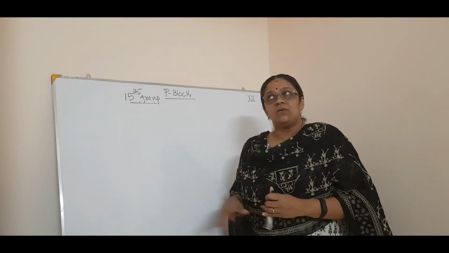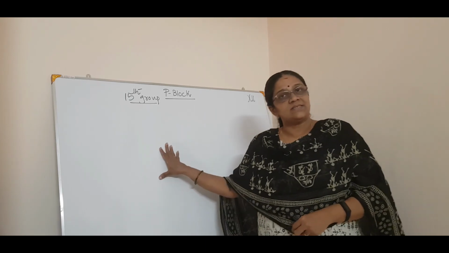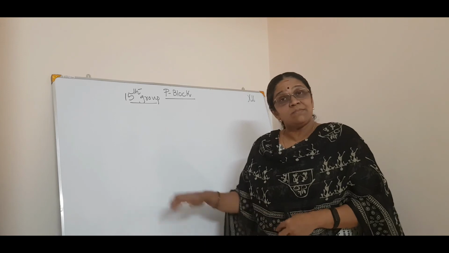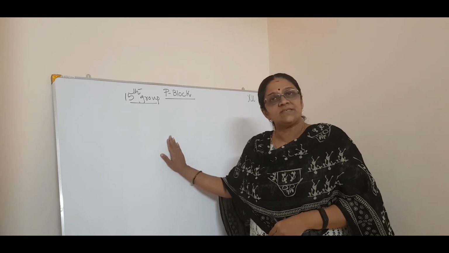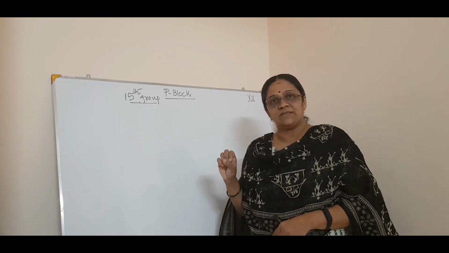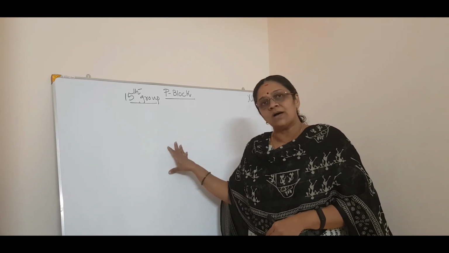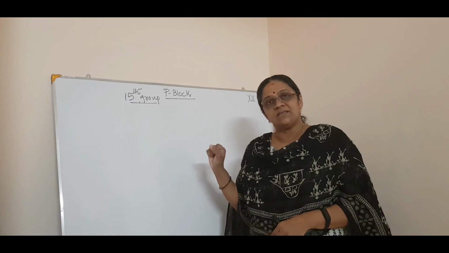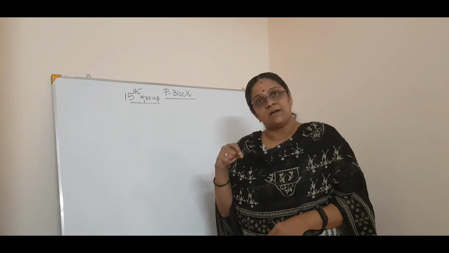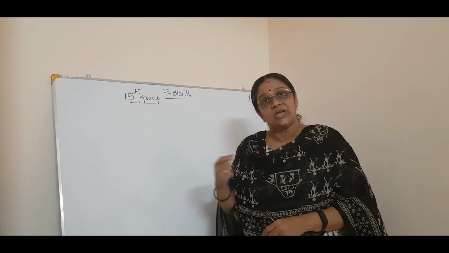Now what is important in P block elements is that the maximum number of questions are coming from this section, that is the P block and the D block elements. You can score more marks from these chapters. Moreover, CBSE will ask logical questions.